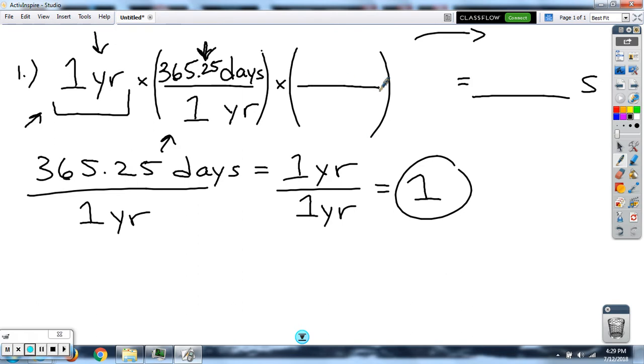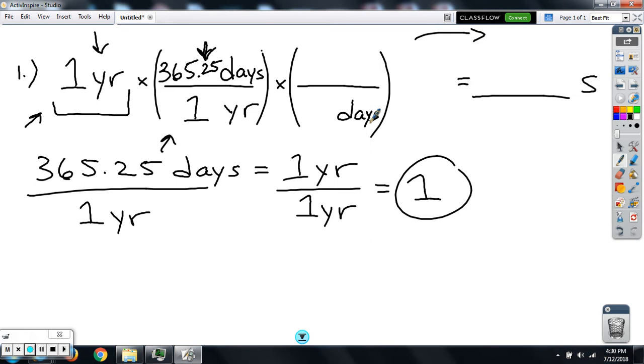So maybe another way to break this down is hours. How many hours are there in one day? So I want to put days top and bottom. That's going to cancel the days out. And on the top I'm going to place hours. And so that's going to now convert my 1 year into how many hours there are in 1 year.